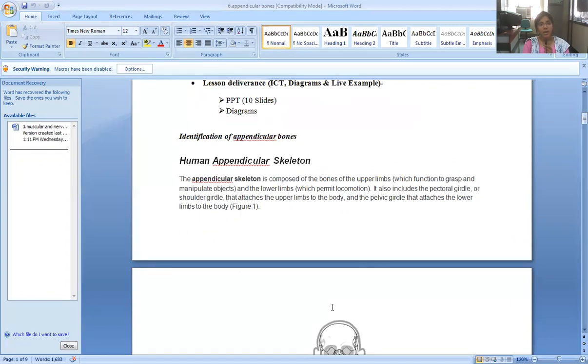The appendicular skeleton is composed of the bones of the upper limbs, which function to grasp and manipulate objects, and the lower limbs, which permit locomotion. It also includes the pectoral girdle or shoulder girdle that attaches the upper limbs to the body, and the pelvic girdle that attaches the lower limb to the body.